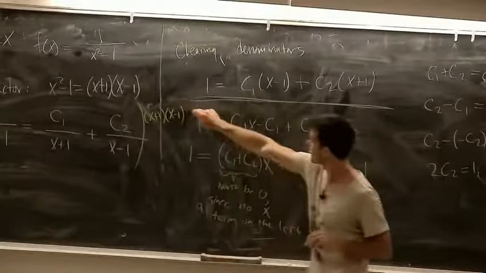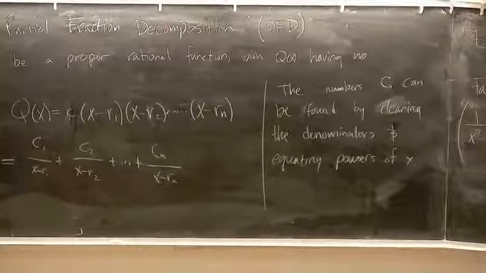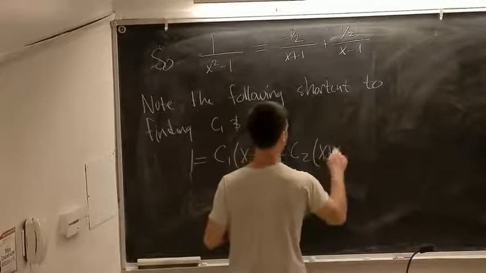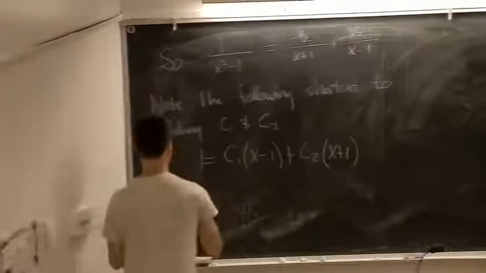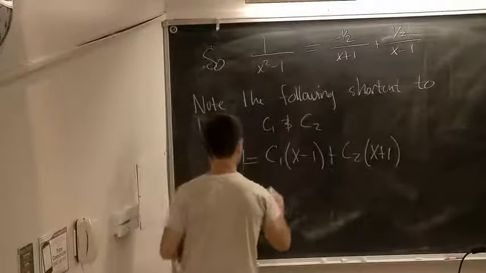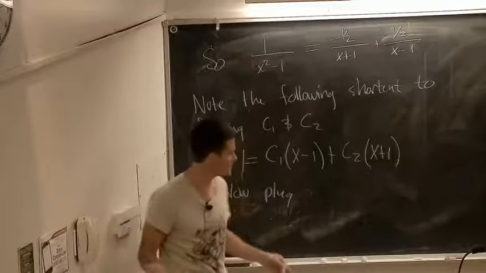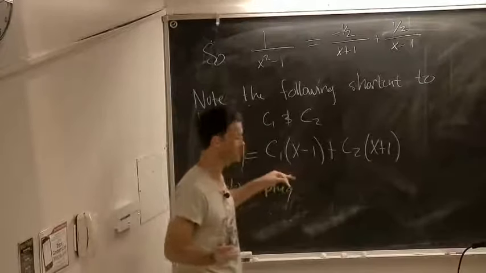So here's the shortcut, applied once we get to this expression. Let me rewrite that expression, which was 1 equals C1 times x minus 1 plus C2 times x plus 1. And the trick is to plug in some carefully chosen values of x that make some of these terms disappear.